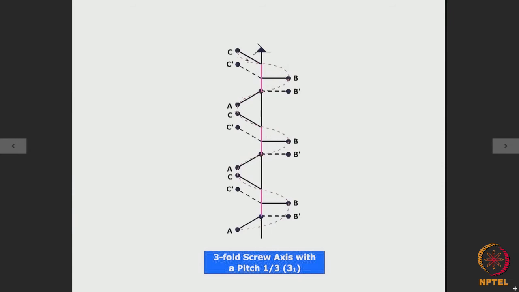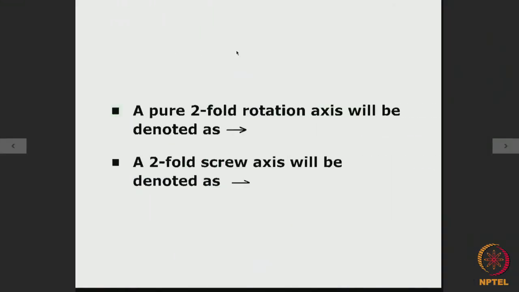And that is the reason why these rotors are known as the screw axis. Now, normally when we have a pure, say, two-fold rotation axis, we denote it as an arrow. A two-fold screw axis will be denoted as half an arrow.